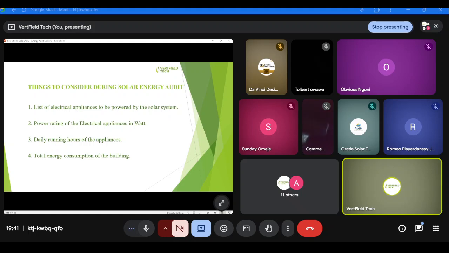Item 4 there is the energy need of the facility, which is the total energy consumption of the facility. Items 1, 2, and 3 are the parameters which we will be talking about in tonight's class.